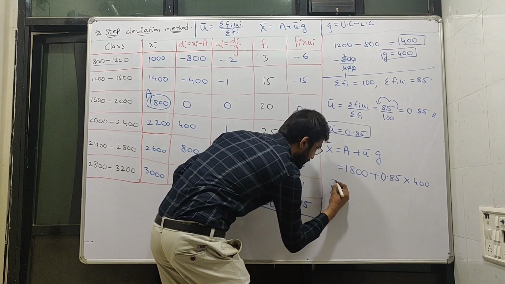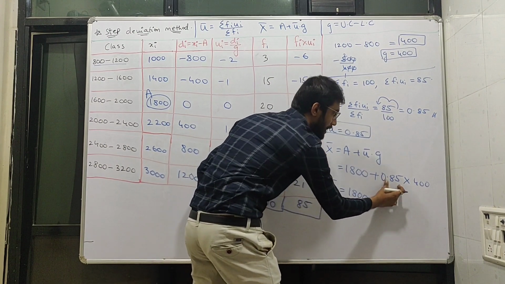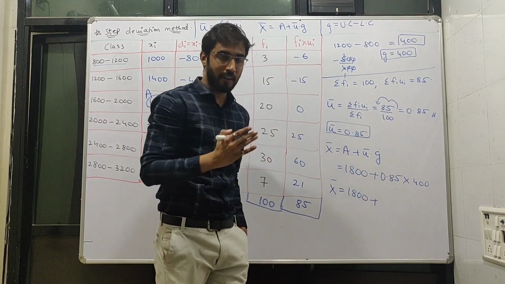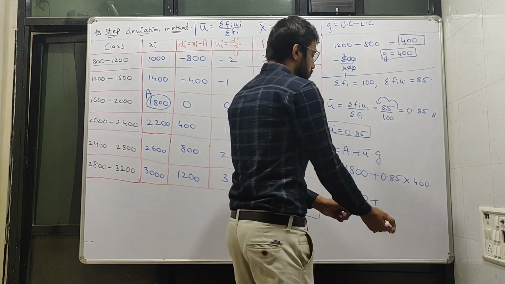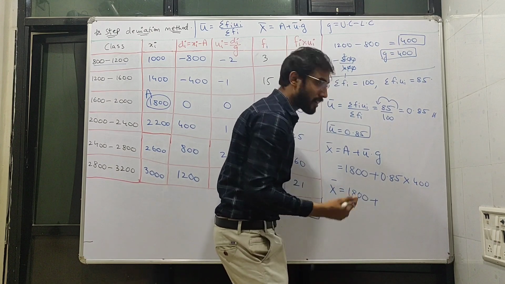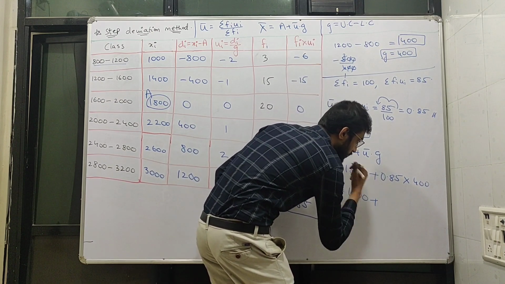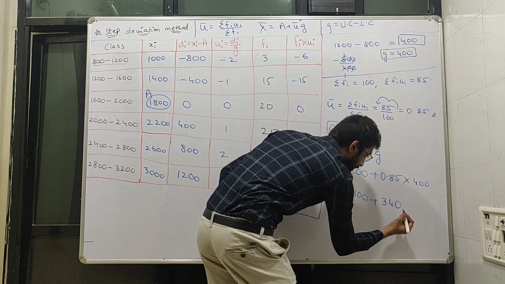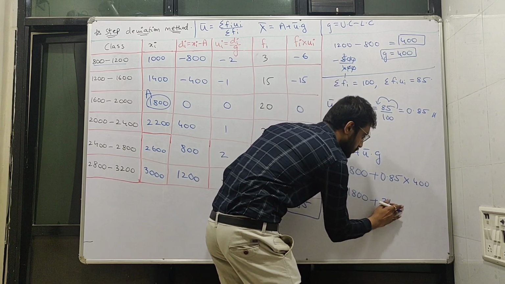So X bar, the final answer would be 1800 plus, you have to calculate this properly. Any calculation error and the whole final answer would be wrong and your marks would be deducted here. So we'll calculate it properly, decimals and everything has to be taken care of. Check out this answer here. So 85 into 4 is 340 and 2 decimals are in there.